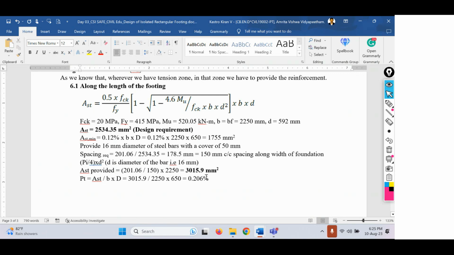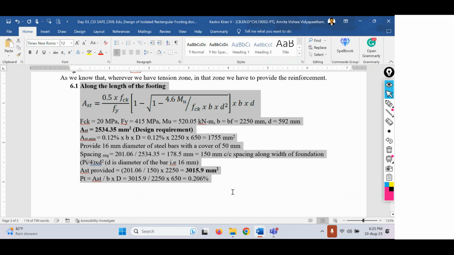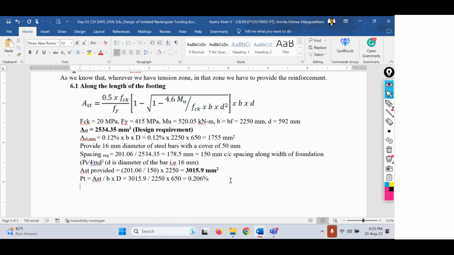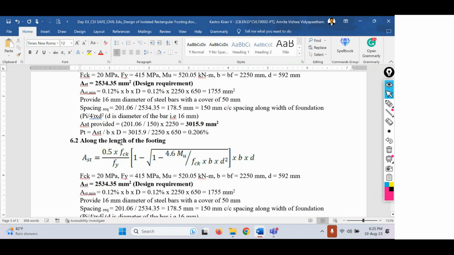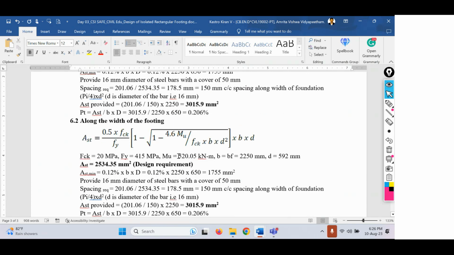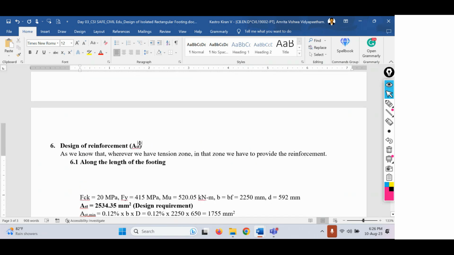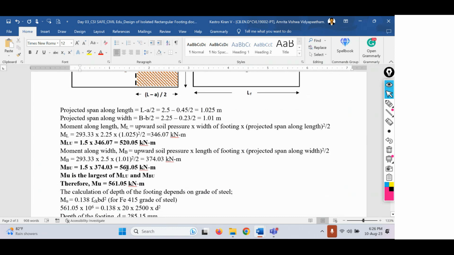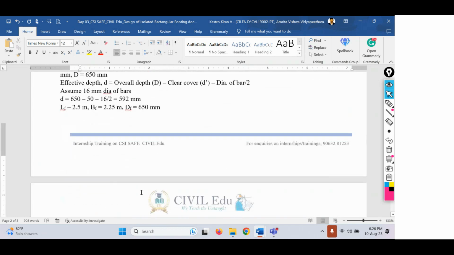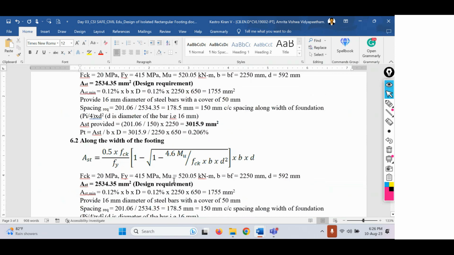Similarly, we have to find out the reinforcement along the width direction as well. So let me just make the changes here. Along the width of the footing, the formula remains the same, but the Mu value will change. The Mu along the width of the footing is, let me check, 561.05 kilonewton meter.